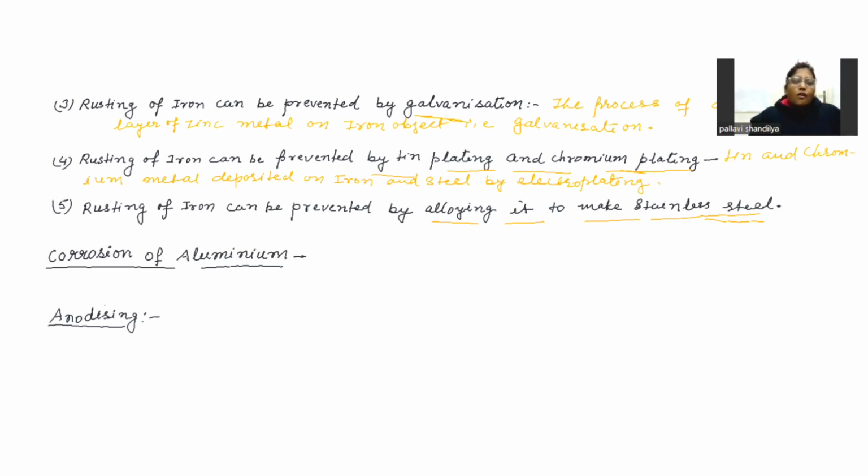Okay, so let's move forward and now we are going to discuss the corrosion of aluminium. So when aluminium comes in contact with oxygen, it forms aluminium oxide.